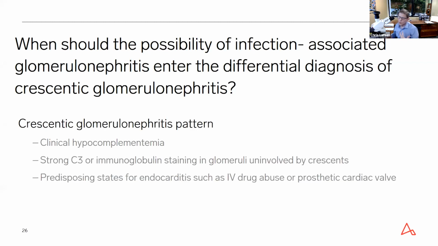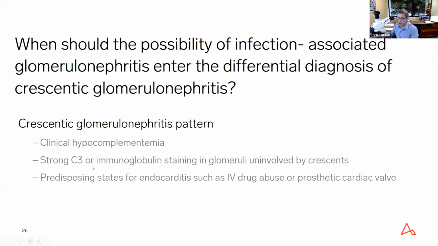So what we would say is that with a crescentic glomerulonephritis pattern, I might raise the possibility of infection when I have some of these outliers. In other words, the hypocomplementemia, as I said, is not typical in ANCA. Not that it can't happen, it's just atypical.